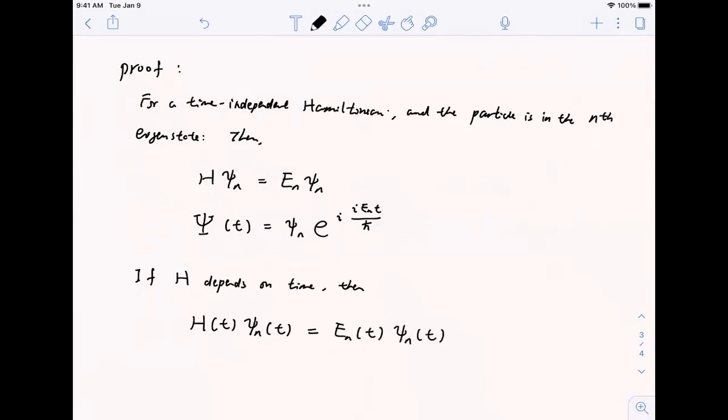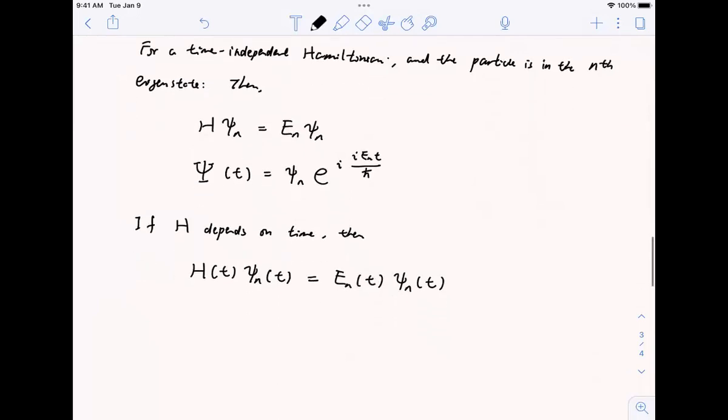So for every value of time, you have a new Hamiltonian H depending on t. Then at that particular moment, you solve the Schrodinger equation, you will get a new eigenenergy and a new eigenfunction. Okay, so it's just the same as this, except that now you consider changing Hamiltonian with time. And at every time, you have a new basis. Okay, so this eigenstate will form a new basis.